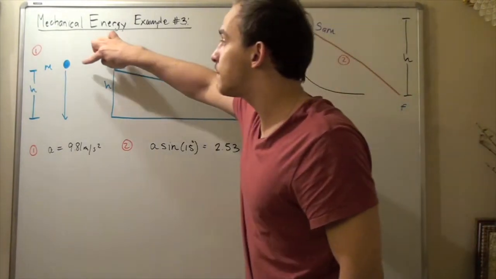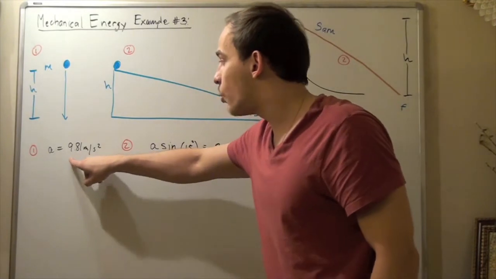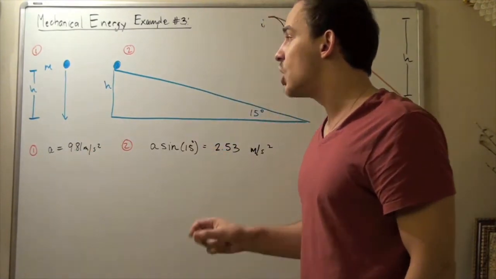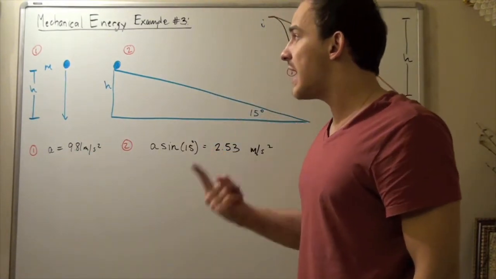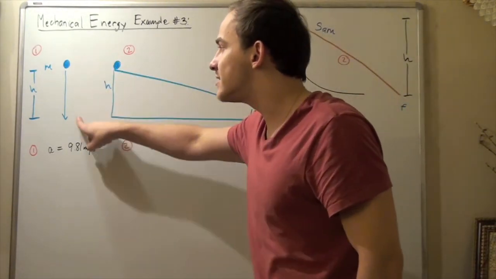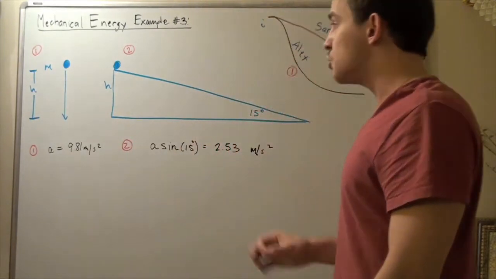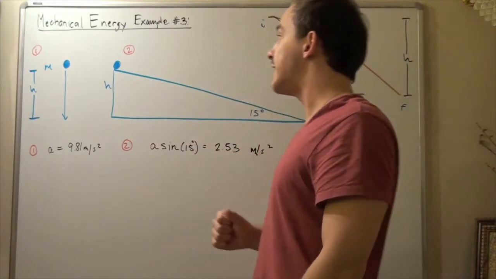In other words, after the first second, our mass's velocity is 9.81 meters per second. So after the first second, our object almost completely traveled this distance h, if our h is, say, 10 meters. So let's suppose our h is in fact 10 meters.